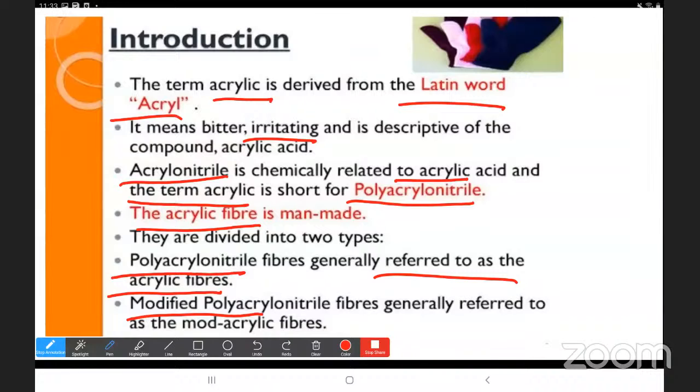Poly means many, right? So here in this acrylic, many acrylonitrile chemicals are used. It is closely related to acrylic acid. Here, acrylic is a short form for polyacrylonitrile.